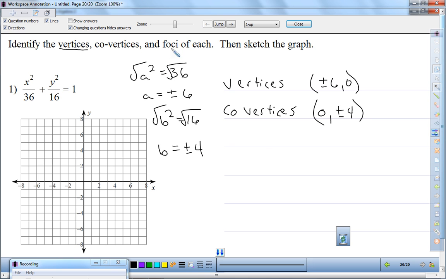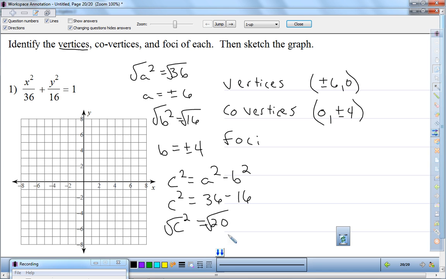Now let's go ahead and find the foci, and then we'll graph our ellipse. To find the foci, c squared is equal to a squared minus b squared. It's always a squared minus b squared so that we don't end up with a negative number. So c squared is equal to 36 minus 16, and so c squared is equal to 20.